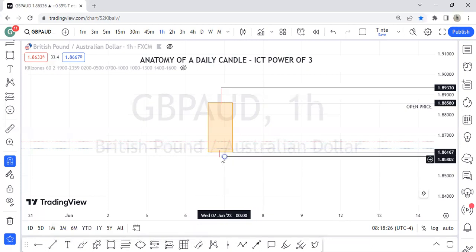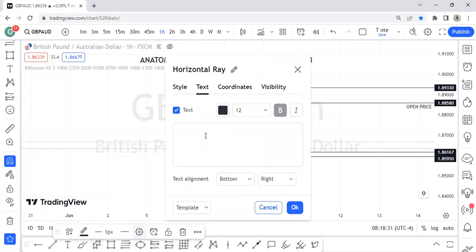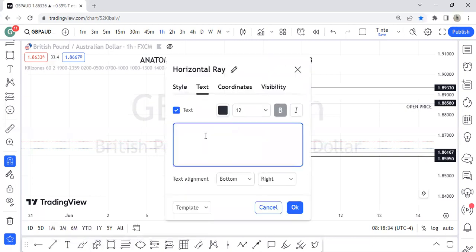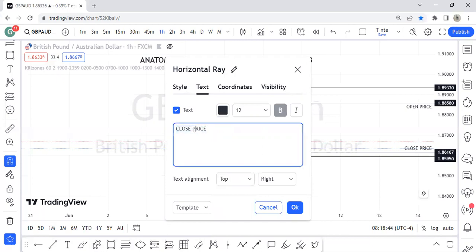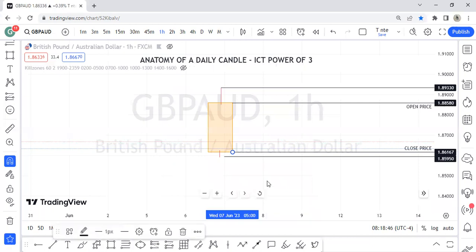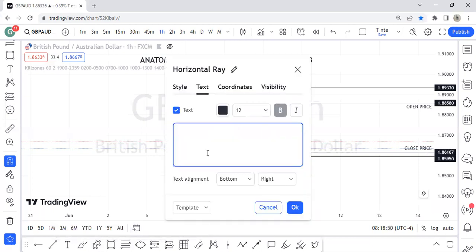All right, so let us label it. This happens to be the close price. We're going to put it at the top. And then the line below is referring to the low of the candle.